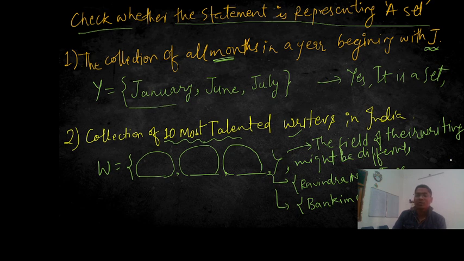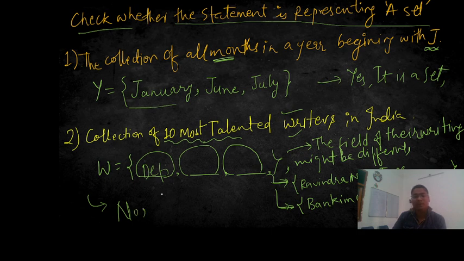So I give the same question, but the questions have different answers, different sets of answers. I already told you that it must be a definite item. But here in this case, we're not getting the exact item all the time. I give this question to a third person, they will write another top 10 writers. So you cannot have this as a set.